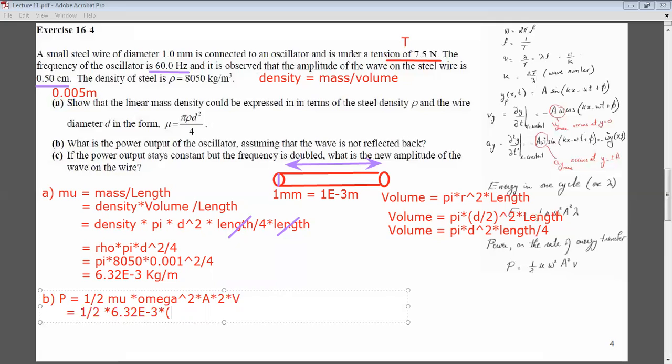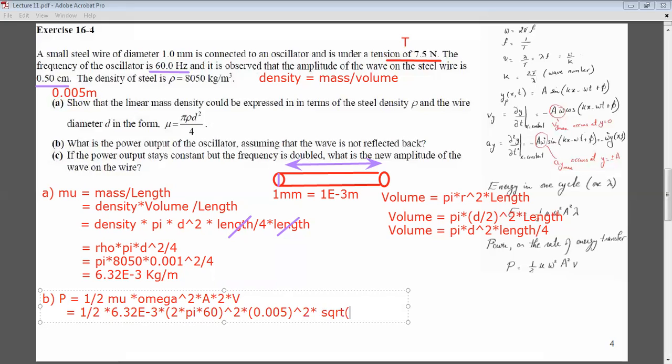Omega is 2 pi f, so it is 2 times pi times f, and I have f is 60. Okay, and this is squared, times the amplitude squared, and the amplitude is 0.005 squared, times the speed. I need to calculate the speed.